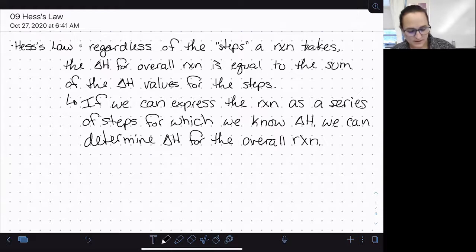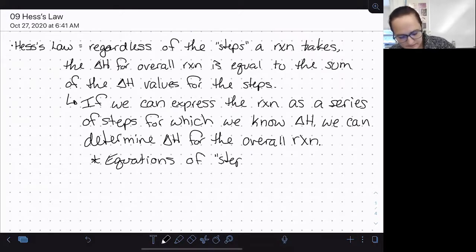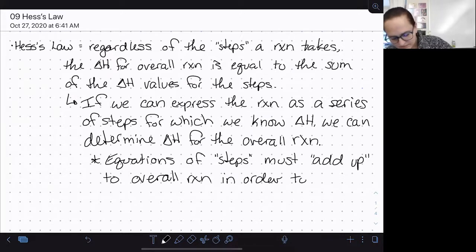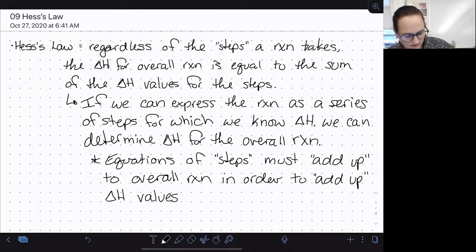The one thing that we need to keep in mind is that the equations for our steps must add up to the overall reaction in order to add up their delta H's. And this makes a lot more sense when you see it in action.